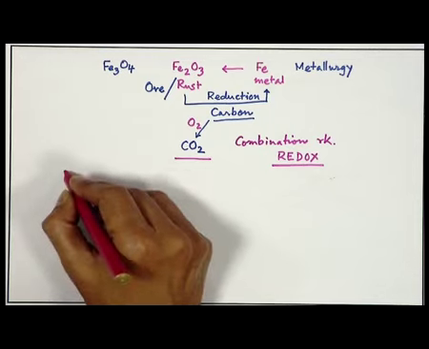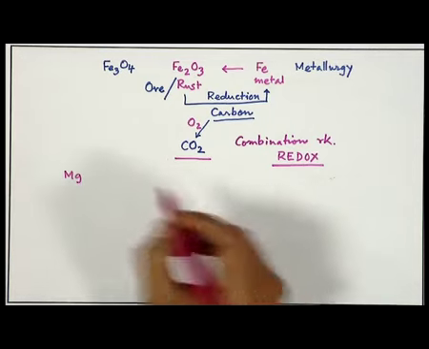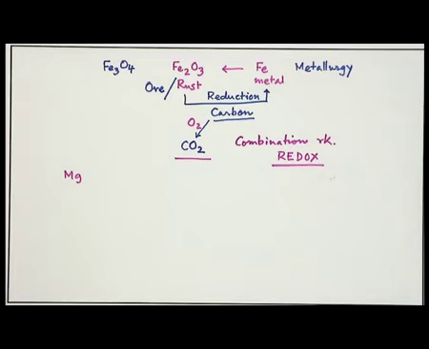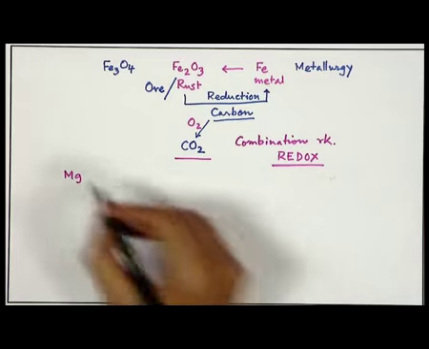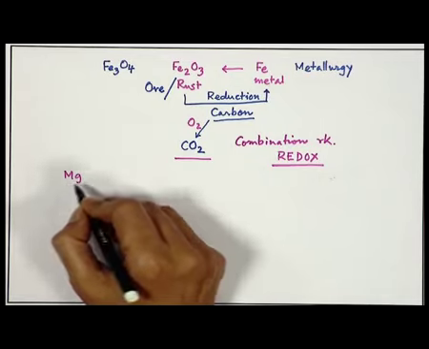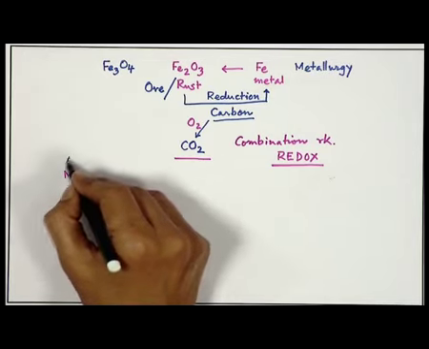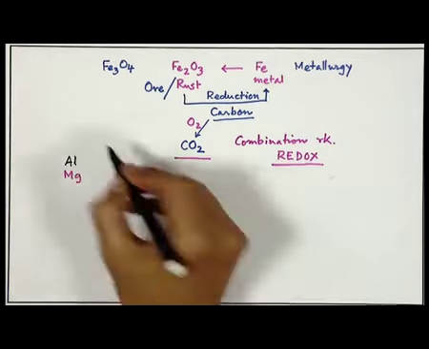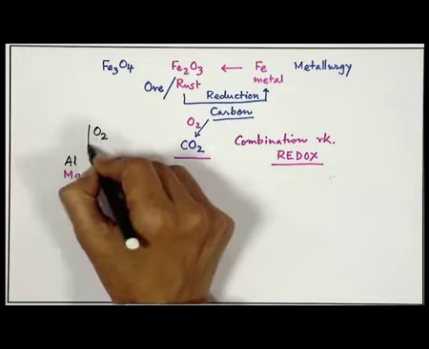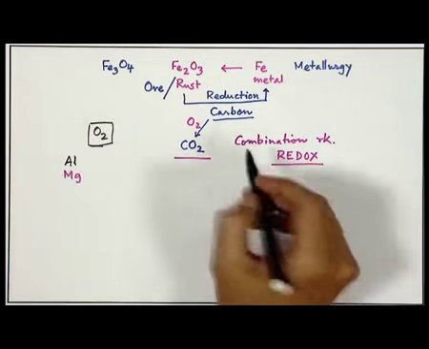So, what about some more examples? Magnesium we can use as the corresponding species for this combination reaction. As we have seen, magnesium we can use, aluminum we can use. If O2 is there, that means one reagent is O2.